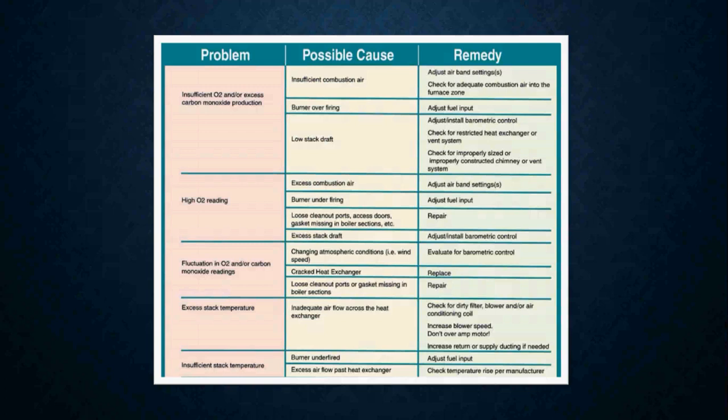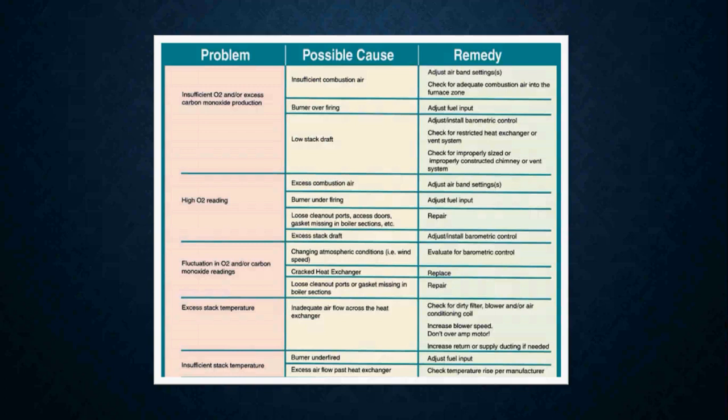One thing that is nice to always have, if you can have it at your disposal, is that some furnaces come with a troubleshooting chart, such as you see here, that can help you evaluate and come up with a remedy to fix problems with a furnace that is not operating at its peak efficiency.